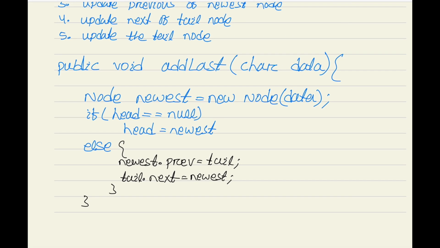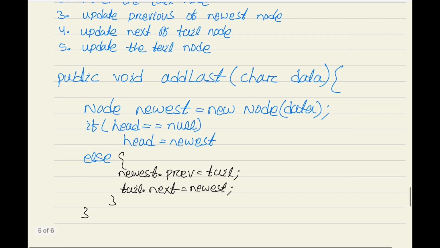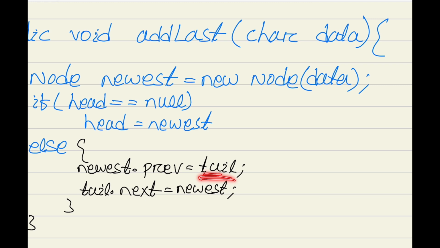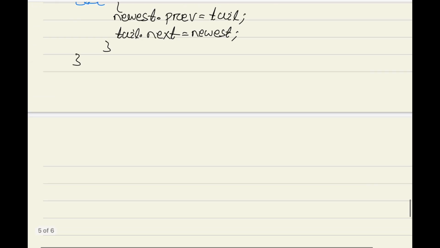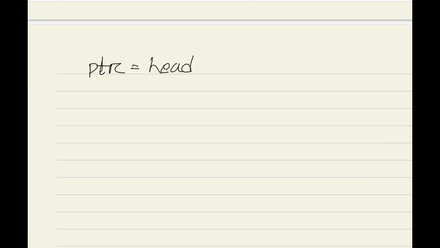Now how to find this tail node if we do not have any extra reference? So we can take a reference current and start from the head and traverse through the list until we reach the end. So here we can write to find the tail node. We can take one reference variable ptr, and initially ptr is head.